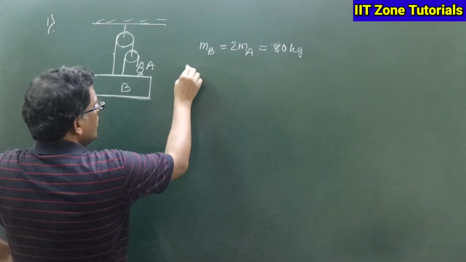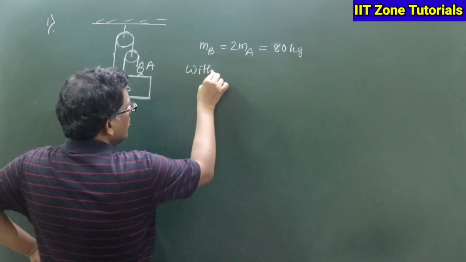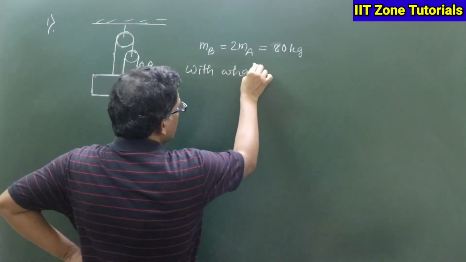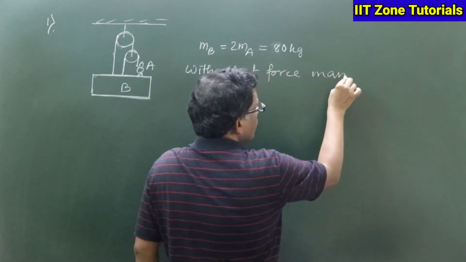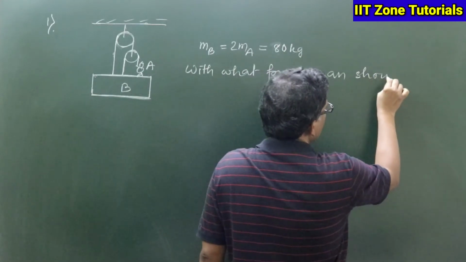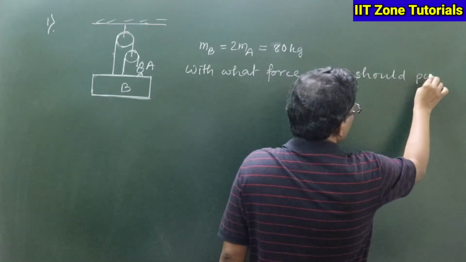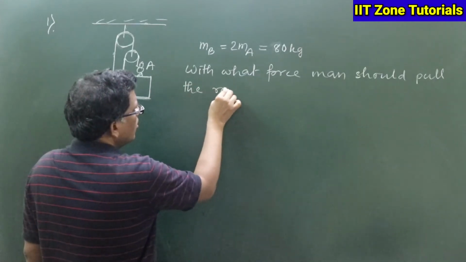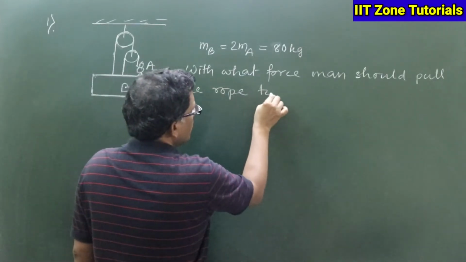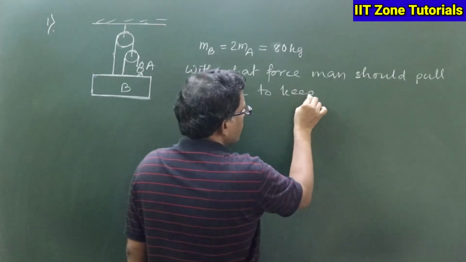So the question is, with what force should the man pull the rope to keep the arrangement at rest?